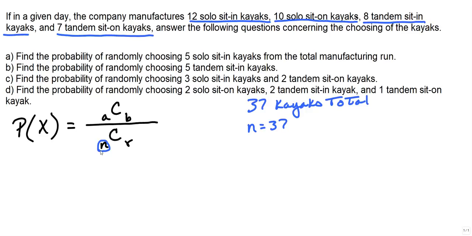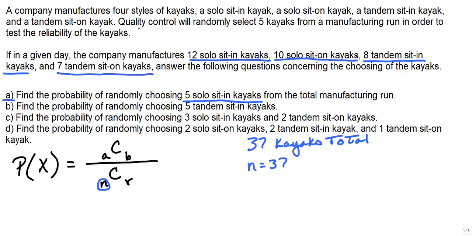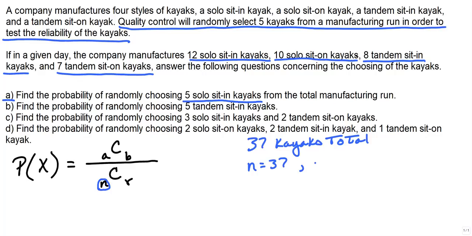Also, if we look very carefully at the problems, we see that in part A, we are going to choose 5 solo sit-in kayaks. And that should be referenced back up here where we say that quality control will randomly select 5 kayaks from a manufacturing run in order to test the reliability of the kayaks. So that means that for this particular denominator, R is going to be equal to 5.